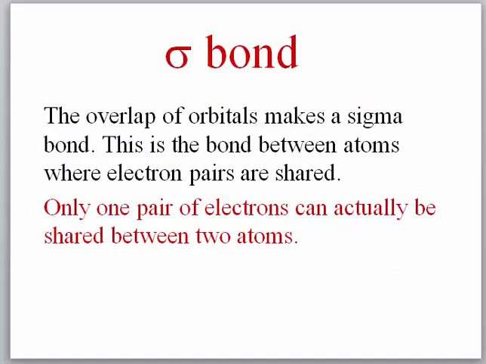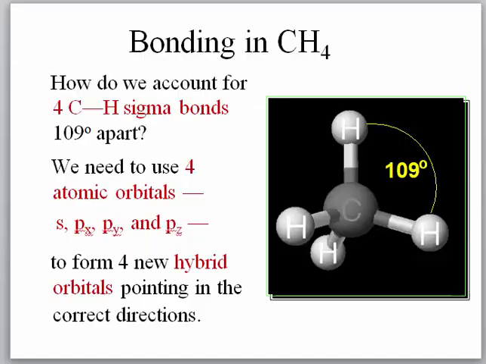So the sigma bond is an overlap of orbitals. We need to review that so when we get into pi bonds we understand. Every bond has only one sigma bond, only one overlap of orbitals where those two electrons are going to reside between those atoms.